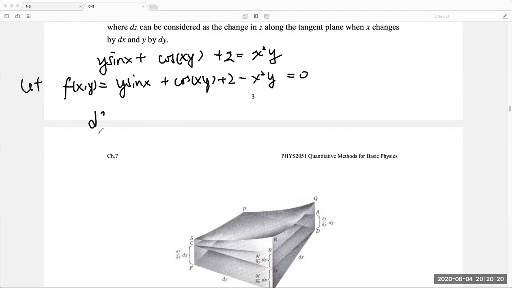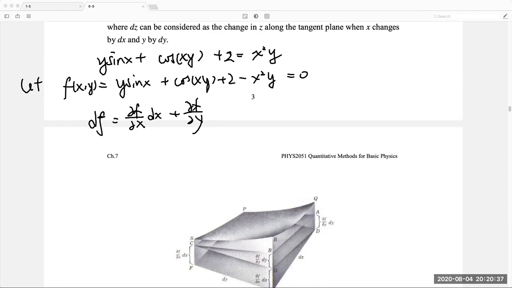Then df can be written as partial f over partial x dx plus partial f over partial y dy. Actually, in English we call it partial f, I just say it in Cantonese, okay?